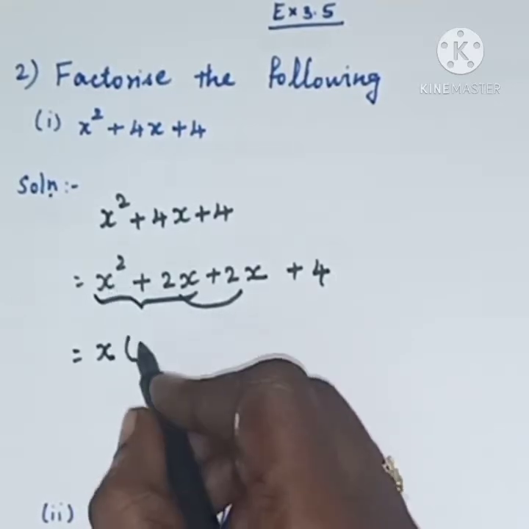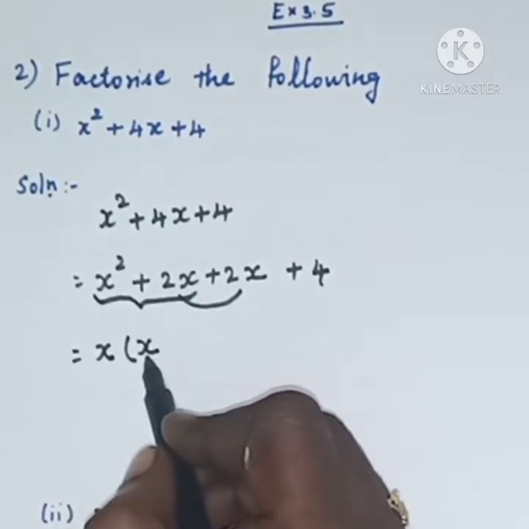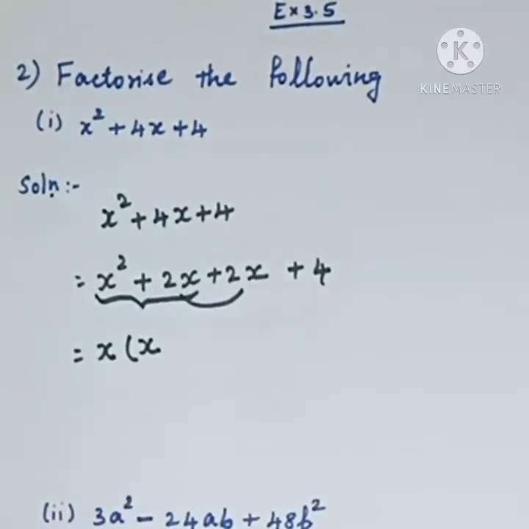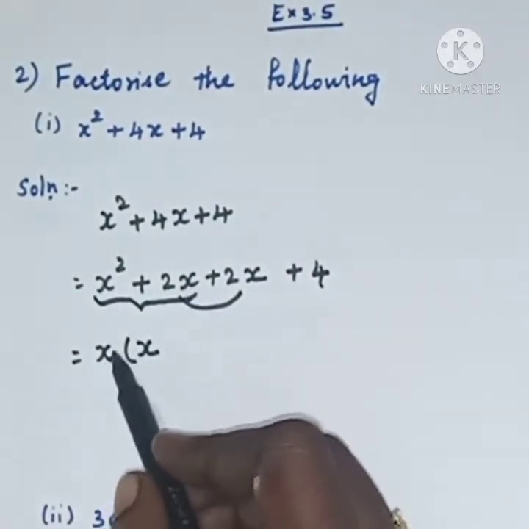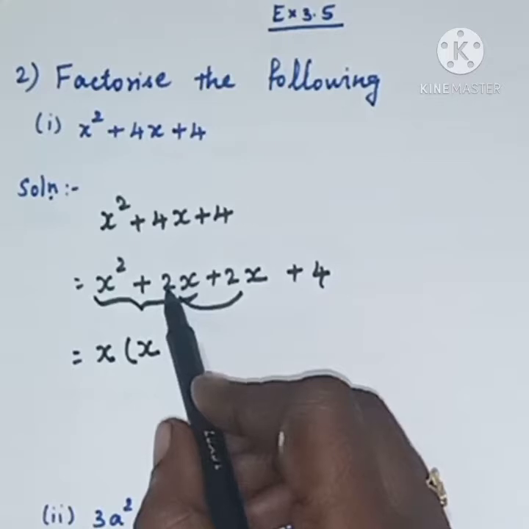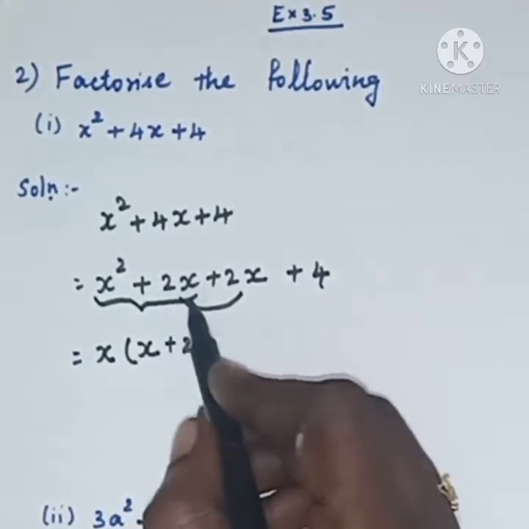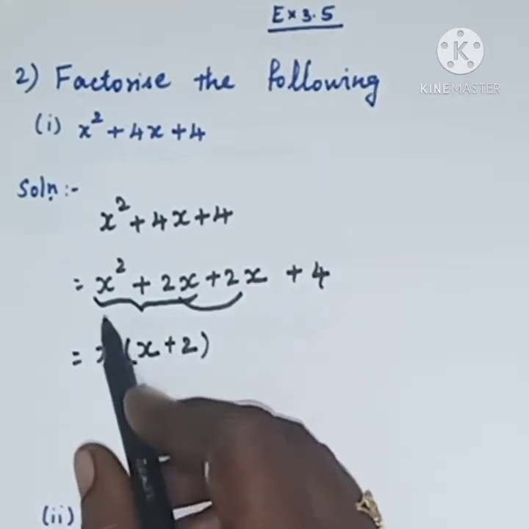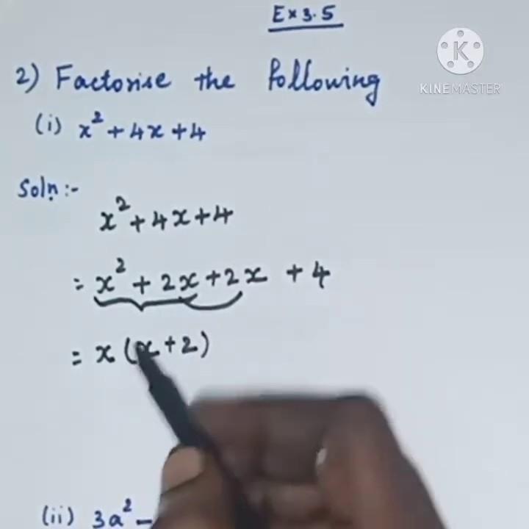The remaining variable is x, because we have x square here. So x into x, x square. And from the second term, we took x outside, so the remaining we have is 2. 2 is the only constant remaining in this term. So x into x, x square, plus 2 into x, 2x.